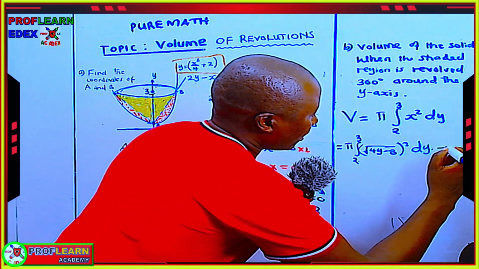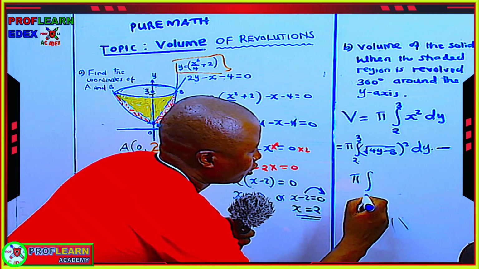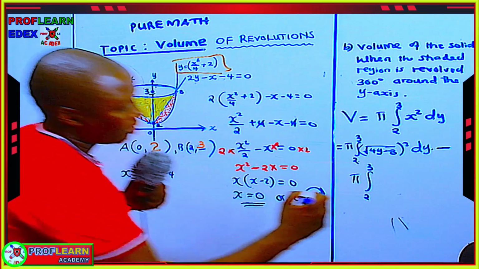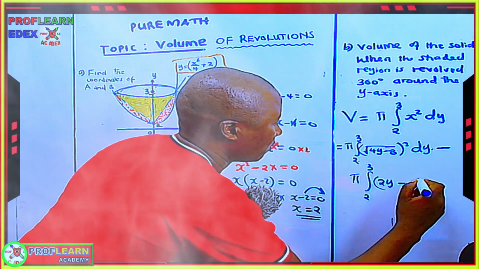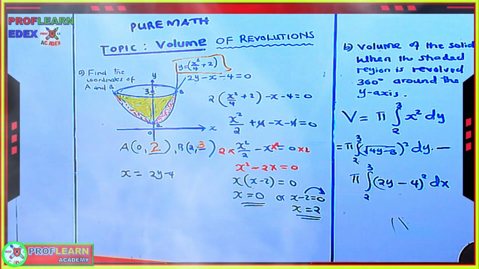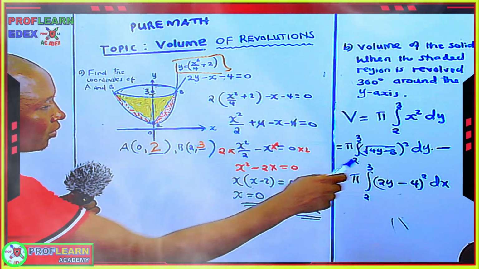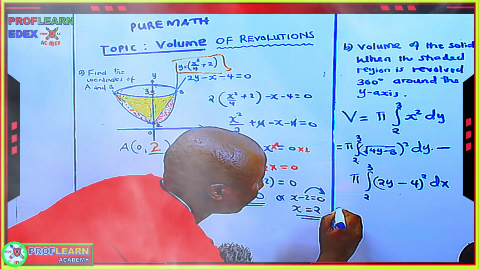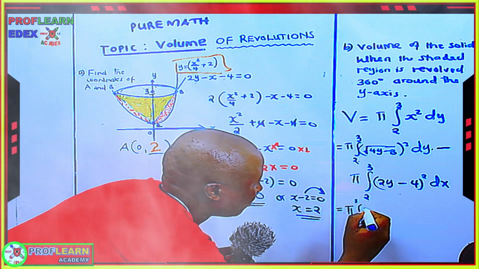Then we're going to subtract this one, pi from 2 to 3, and we shall write this equation, and that is going to be 2y minus 4 squared with respect to x. Now, you need to know how you are going to integrate that. Of course, the first expression is going to reduce to pi from 2 all the way to 3.